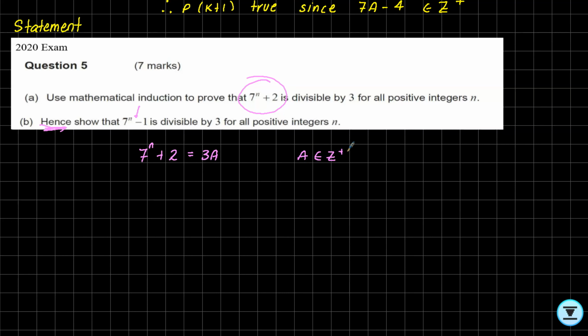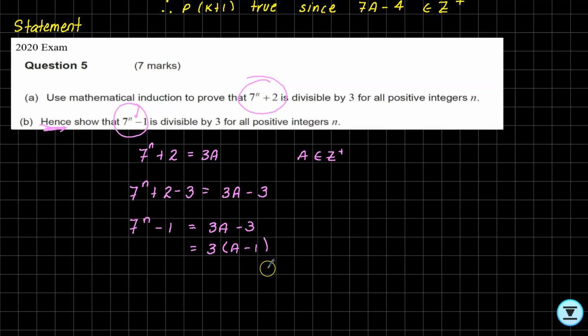And we're sort of thinking, well, what's going on here? How does this link with this? And you fiddle around and do some stuff, and we've got 7 to the n plus 2. What if I took 3? Does that 2 take 3 equal minus 1? And what I do to one side, I'm going to do to the other. So we end up with 7 to the n take 1 is equal to 3a take 3, and we can see that that's got a common factor.